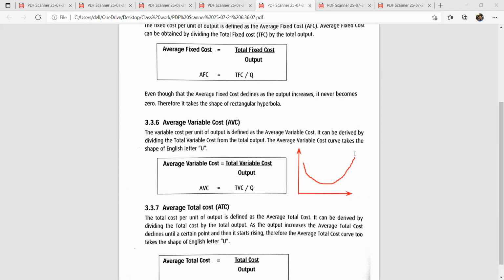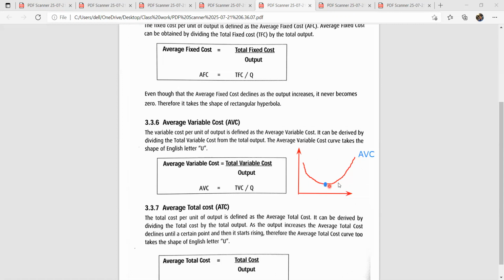Here the average variable cost. You see, there is a place where a minimum point, right? From 0 to that place, when the number of units supplied increases up to here, average variable cost decreased.